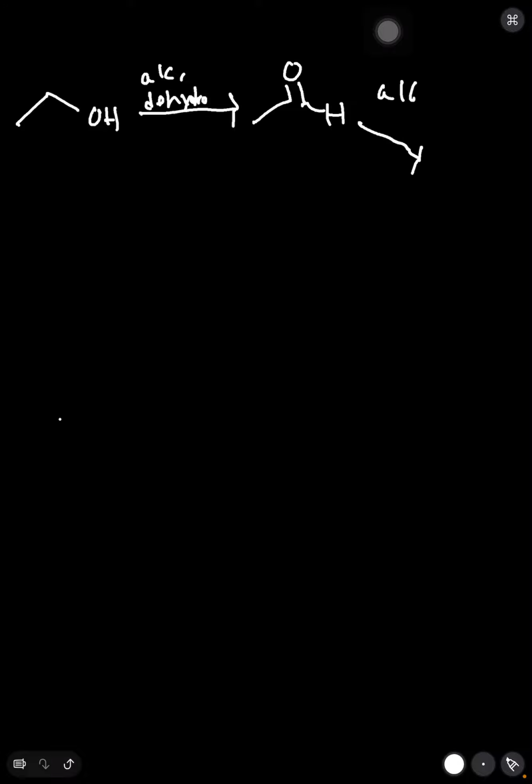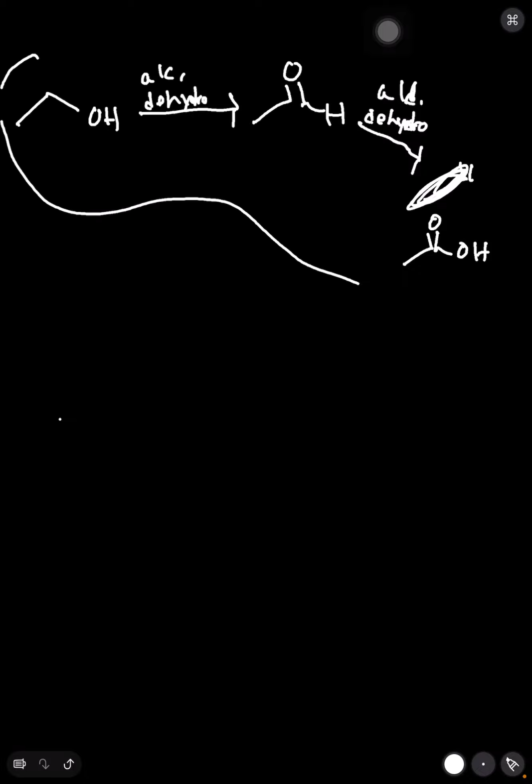And then we can use aldehyde dehydrogenase to make acetic acid. Okay, so this is the ethanol pathway.